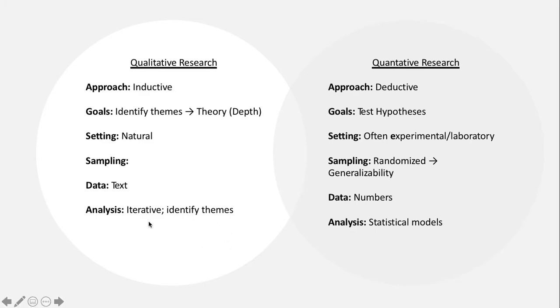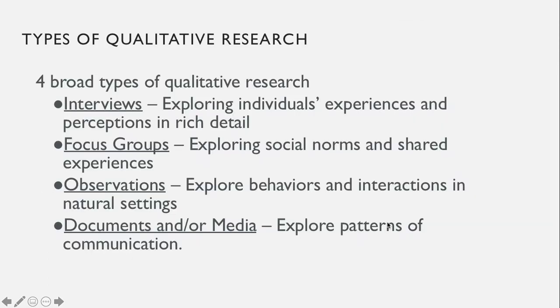Then in qualitative research the analysis is iterative, identifying themes. And when I say iterative, I mean that it's repetitive in that you go over the interviews or the data multiple times, looking for these themes. But in quantitative, you use statistical models to analyze.